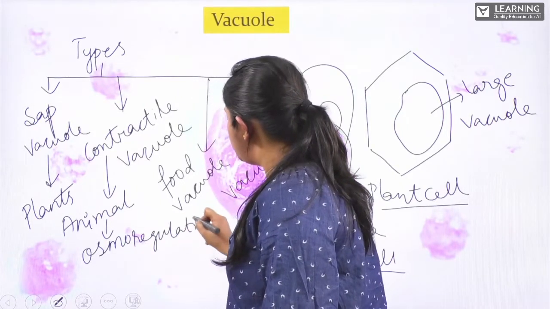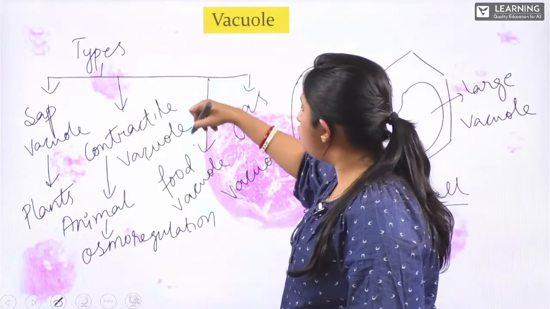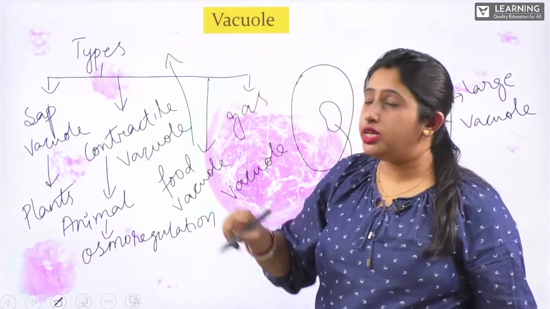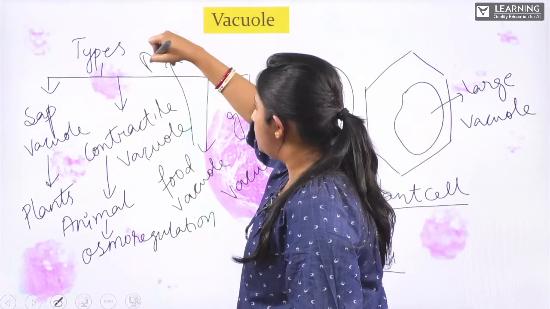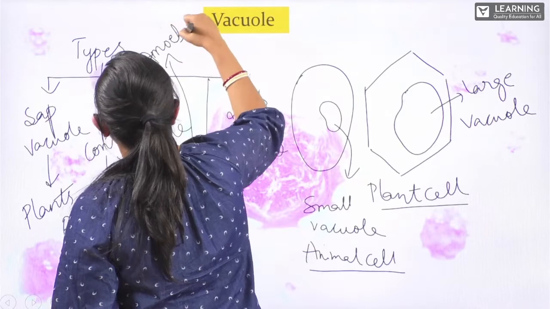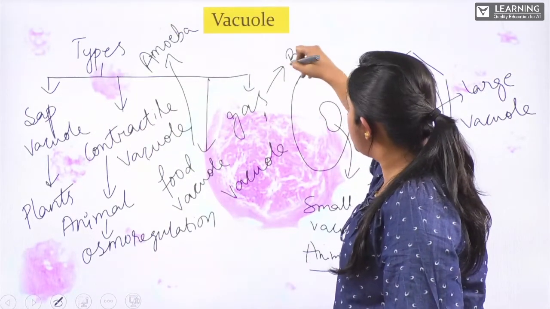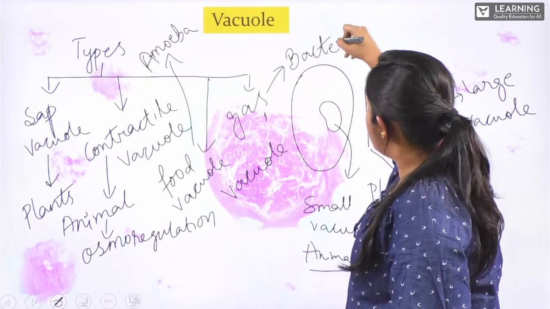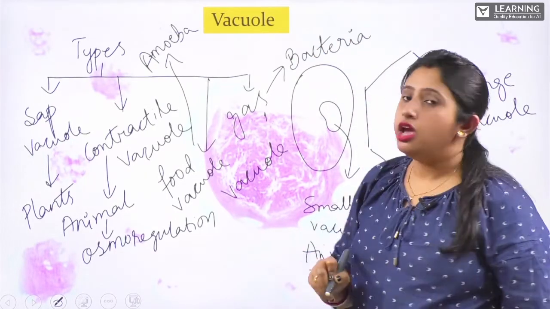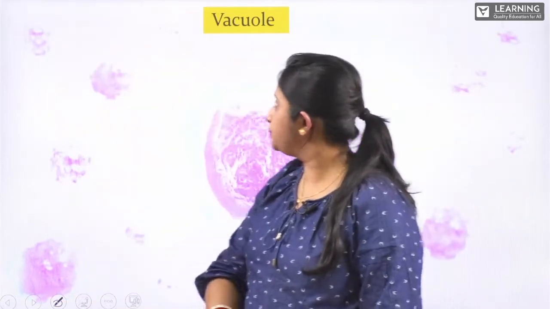The food vacuole you will find in case of amoeba, and the gas vacuole you will find in case of bacteria. So these are the various vacuoles.